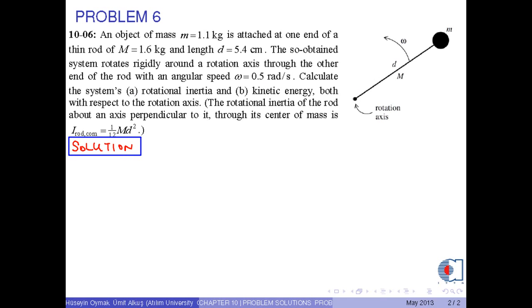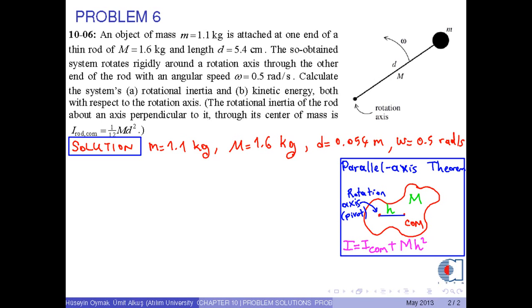In the solution part, first of all, let me write the given quantities in the SI unit system. In part A, to find the rotational inertia of the system, we make use of the parallel axis theorem for the rotational inertia of the rod, because we are only given the rotational inertia of the rod through its center of mass.